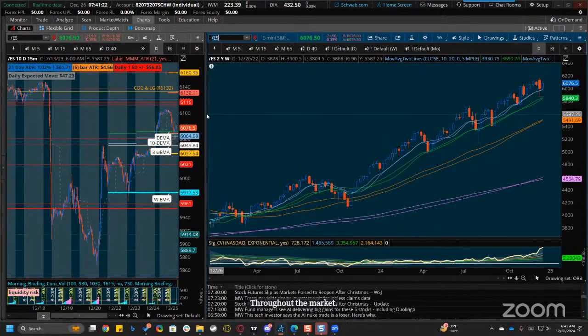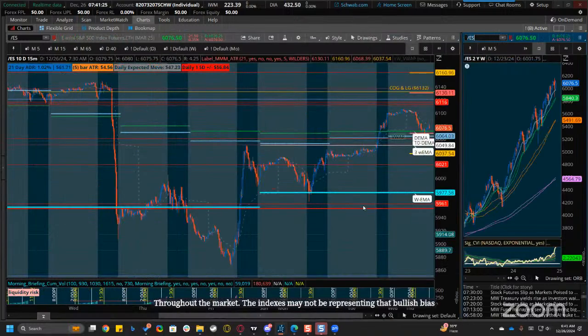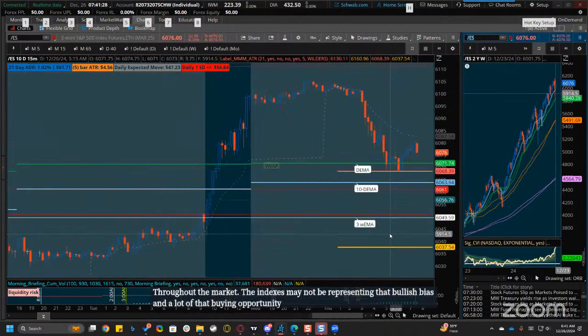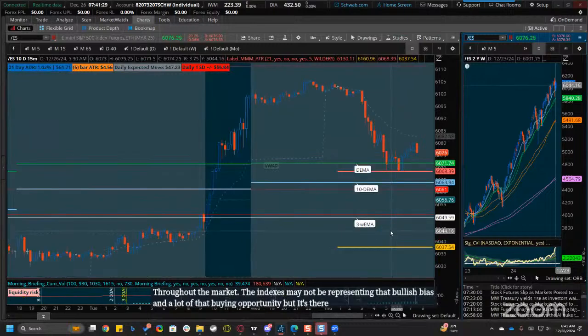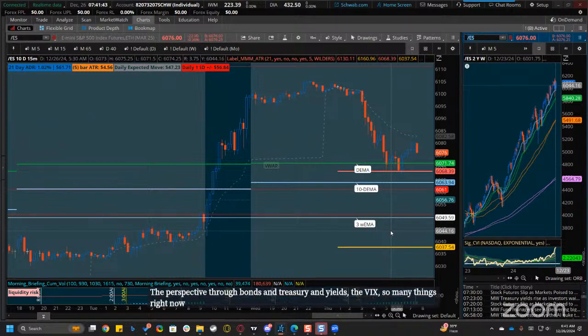The indexes may not be representing that bullish bias and a lot of that buying opportunity, but it's there. There's ETF inflows that are tracked. There's liquidity, the perspective through bonds and treasury and yields, the VIX.